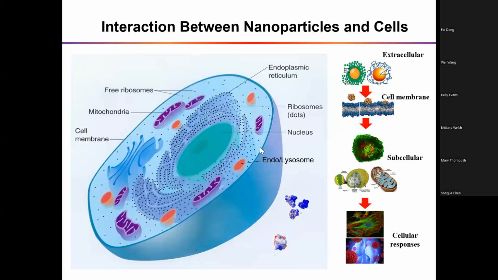Even for simple cells, the nano and cell interaction is also complex. For example, when nanomaterials interact with cells, first they absorb proteins in the environment, and they form a nano-protein corona on the surface. The complex may be recognized by cell receptors.